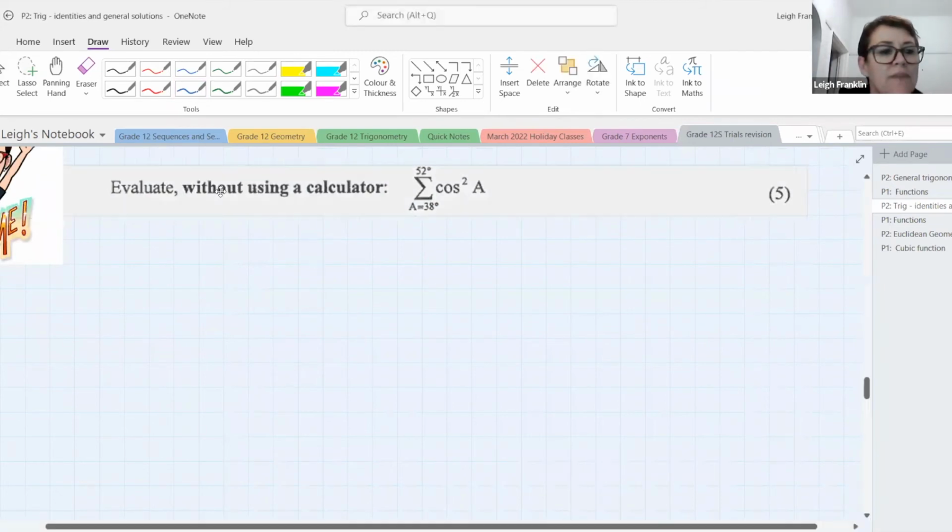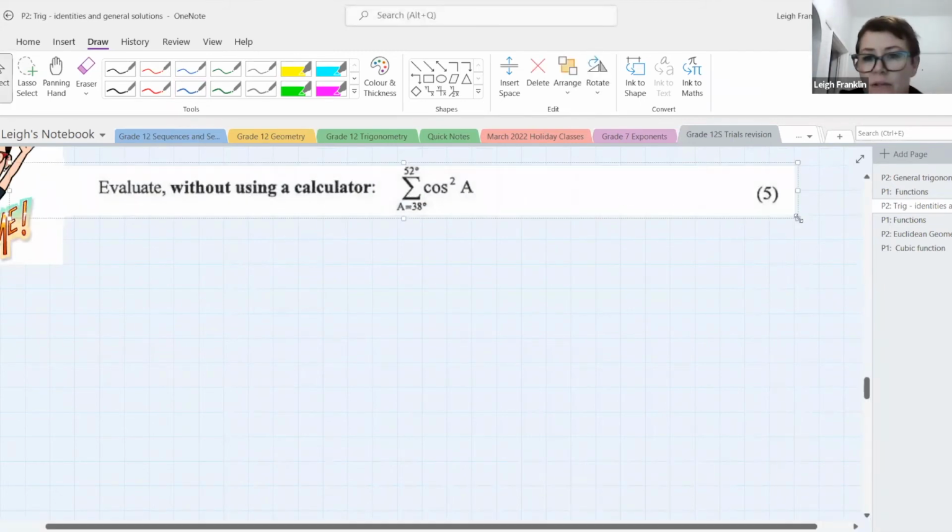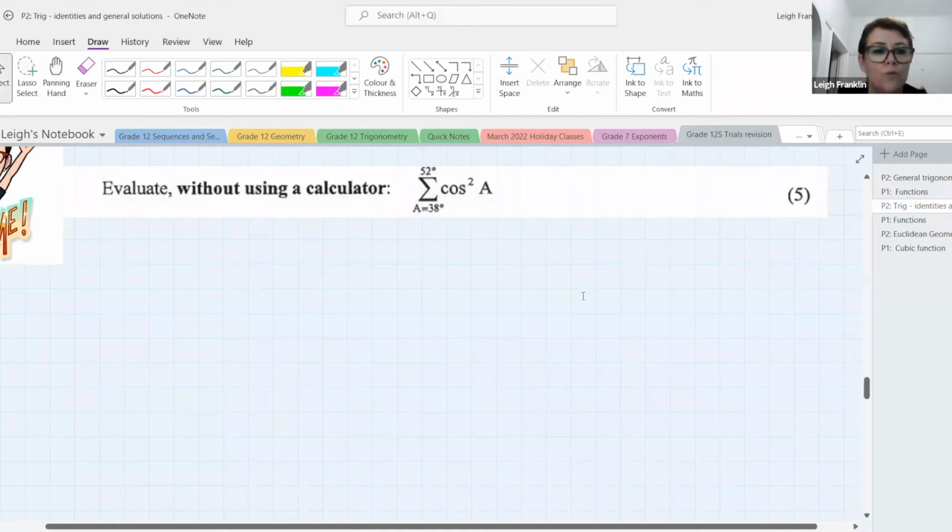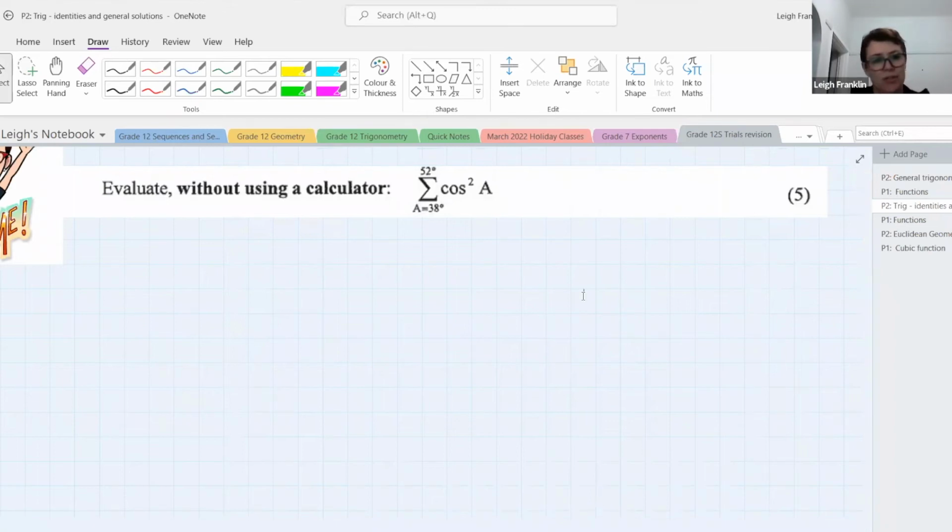Okay, so if they give you something like this in trials, so you've been asked to evaluate without using a calculator, right? And this is sigma notation, isn't it? Okay, from paper number 1. So when we're working with sigma notation, what does it mean?